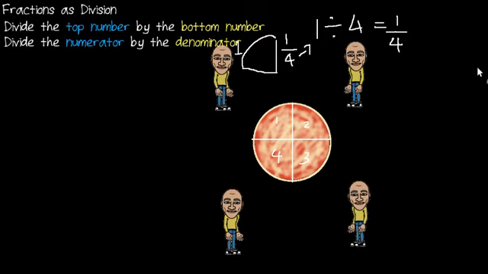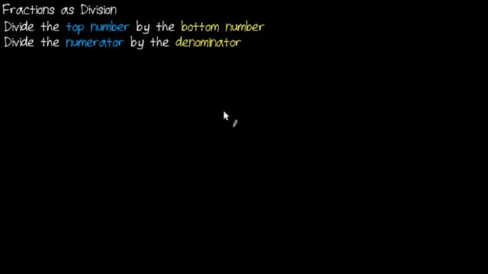Okay? And let's look at a couple of examples then. So first of all, let me clear all of that stuff. So we have these 2 examples here, 6/9 and 14/7.